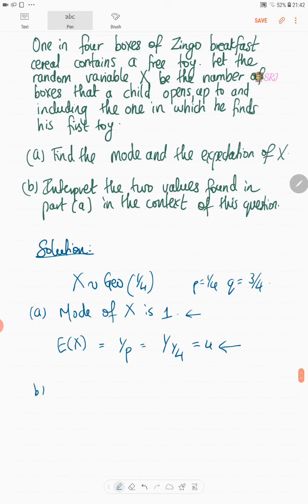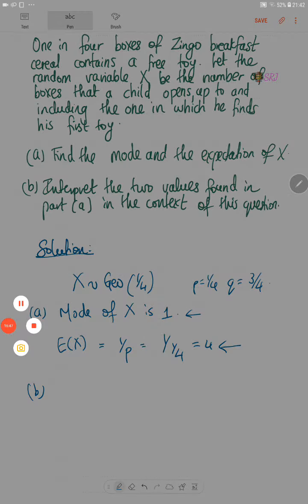And then part B: interpret the two values found in part A in the context of this question. So we have to interpret the mode and the expectation in this context. The mode of X is 1. By the mode, we mean that the child is most likely to find his first toy in the first box he opens.